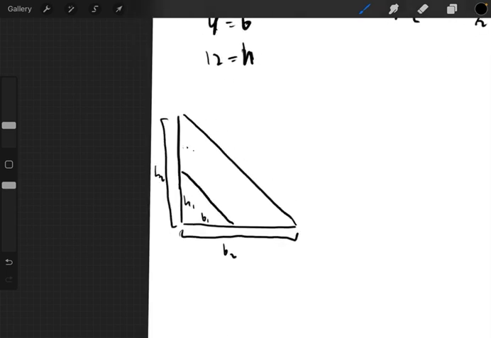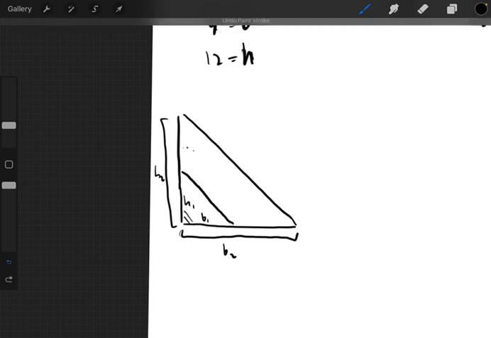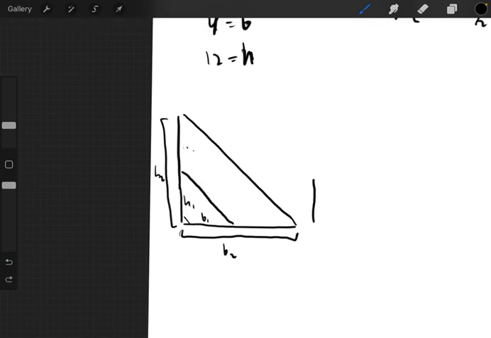H1 and B1 don't necessarily have to be the same, but if you look at the triangle, as you increase your height, you're going to get a larger base as well. As you go up, your base is going to increase.